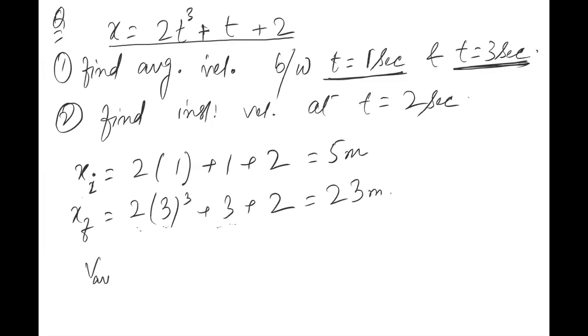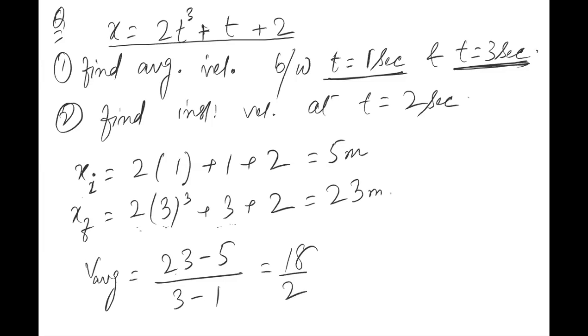The average velocity would be equal to 23 minus 5 divided by time 3 minus 1. So 23 minus 5 is 18, right? No, it is not 18. Is it 18? Yes, divided by 2. So that will be equal to 9 meter per second. This is the average value of velocity. Am I correct? Yes, sir.